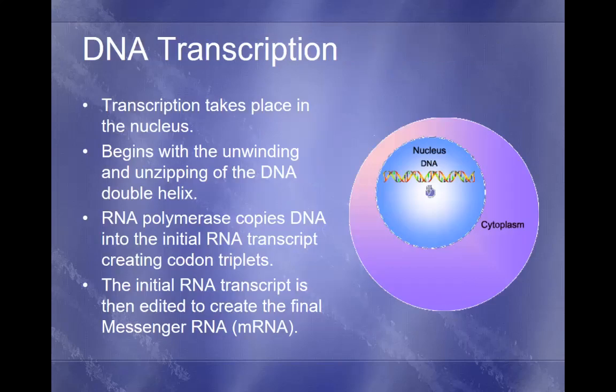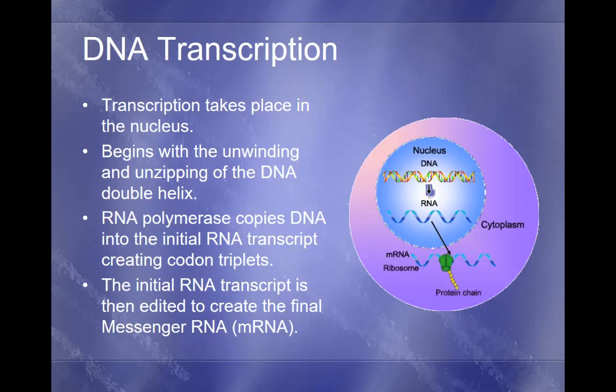All right. So, transcription. First steps. Remember that transcription takes place in the nucleus. It has to because the nucleus is where the DNA is stored, and we don't want the DNA to leave that storage area so that it can stay safe and protected to minimize the number of mutations. First thing we have to do is to unwind and unzip the DNA double helix because otherwise we won't be able to actually get to the nucleotides, specifically the bases that we need to copy to make our mRNA.